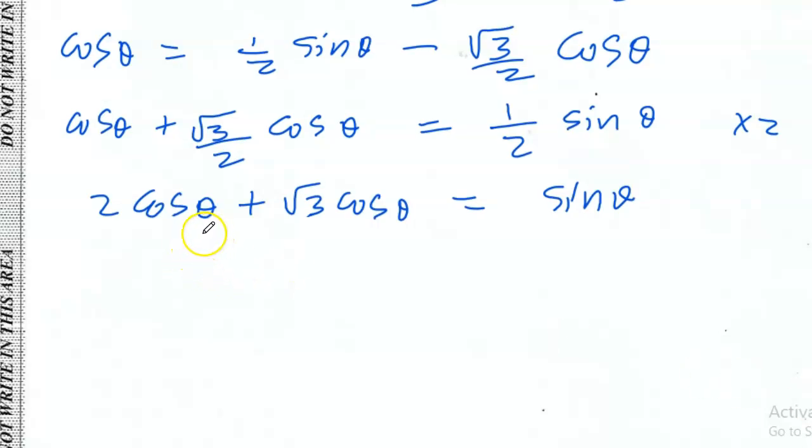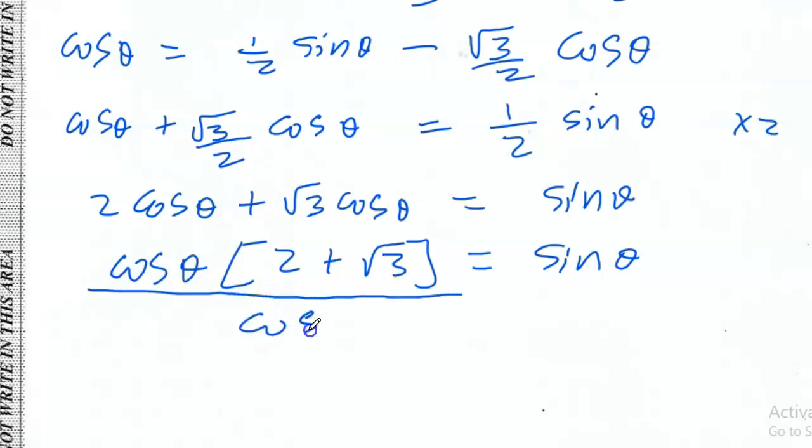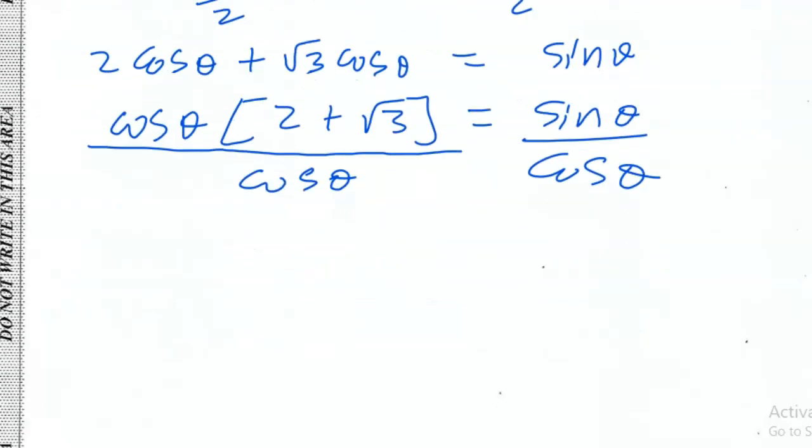So what else? We can factor out cos theta. Factoring out cos theta would have 2 plus √3 in the bracket equal to sin theta. I guess we can divide both sides by cos theta. If we divide both sides by cos theta, we'll end up with tan theta, since sin divided by cos is tan, and cos theta cancels itself here.